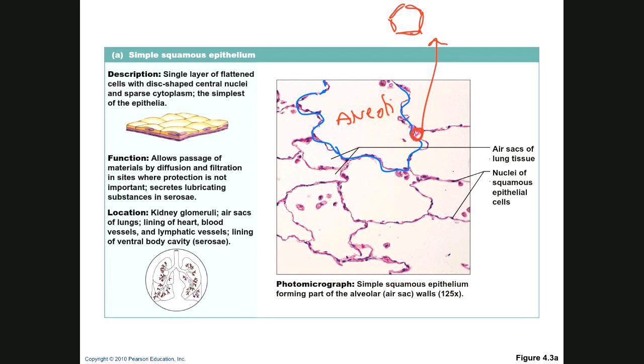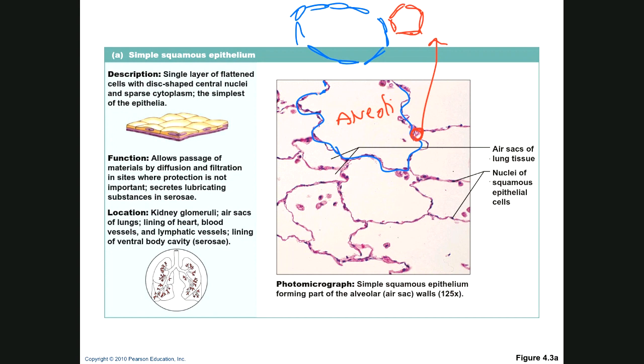So what you have in the lungs with this very, very thin tissue is one structure made of simple squamous epithelial tissue, and adjacent to it, another structure made of simple squamous epithelial tissue, which is the alveoli.